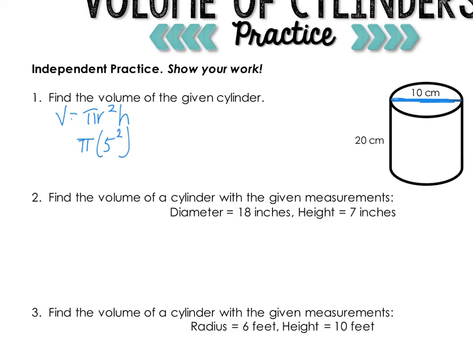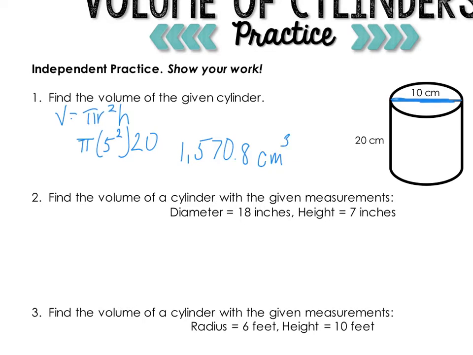Height is 20. All right, so plug all these in to your calculator so you can say, hey, give me pi times 5 squared times 20. We get a crazy number. We get, here we go, 1,570. And let's just round to the tenths, 0.8. Remember, we're not done till we label it, and we are in cubic centimeters.